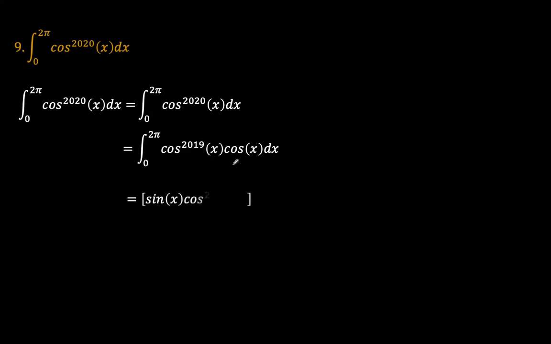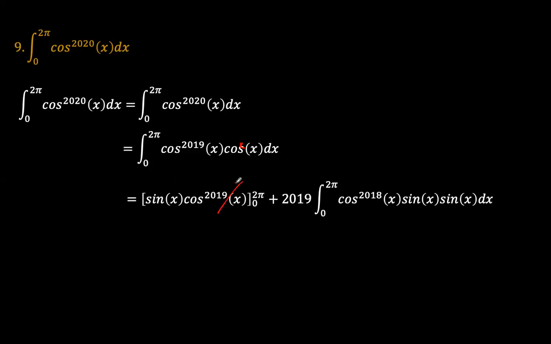Using integration by parts, we assume that cosine x is the derivative of v, so v is sine x, and u is cosine to the power 2019 of x. With these limits applied, sine of 2 pi is 0 and sine of 0 is 0, so everything here tends to 0.